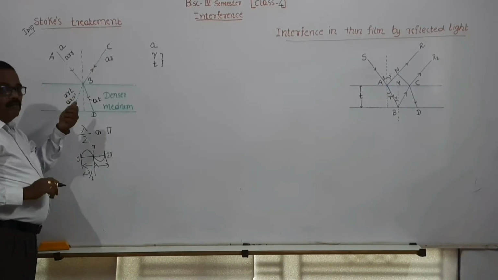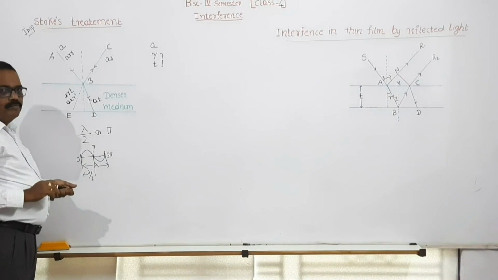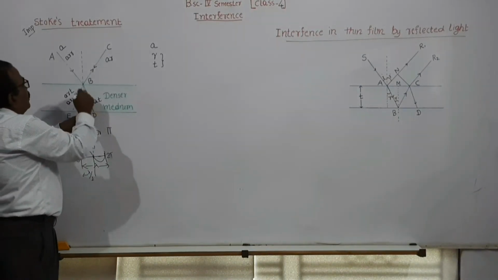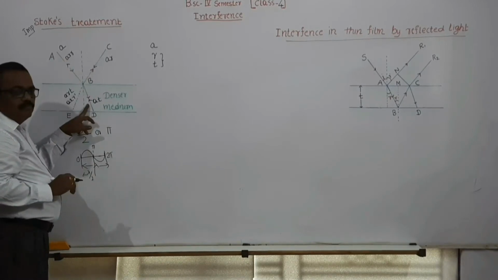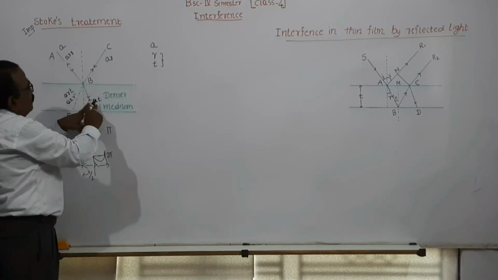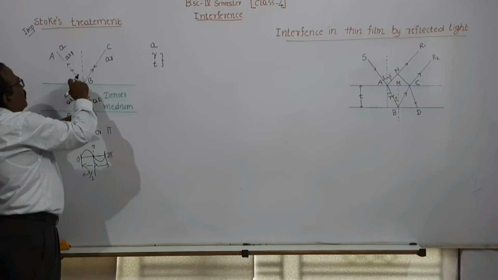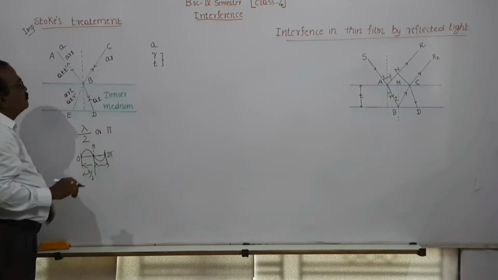It is the reflection coefficient from the lower side. And part of this light also goes to the second medium. The amount of light falling is AT, and here it is transmitted: A, T, and T dash.